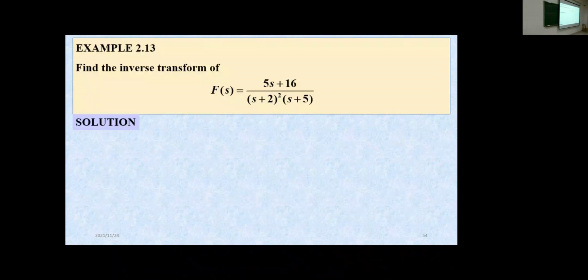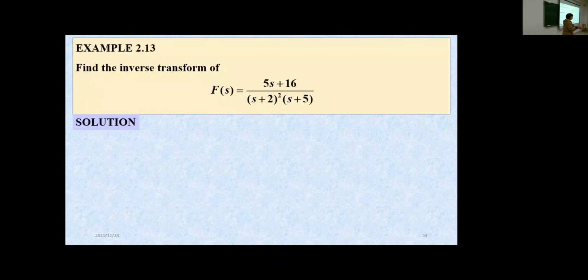How about this one? Try to use the solution on Blackboard to solve this one. First, you should separate this whole F(s) into how many parts? Three. One is s plus 5, another is s plus 2, and the last one is s plus 2 squared. And each part has its own coefficient, its own numerator.